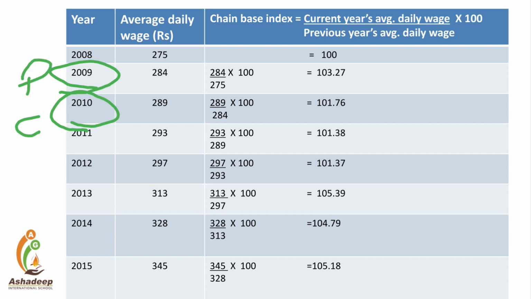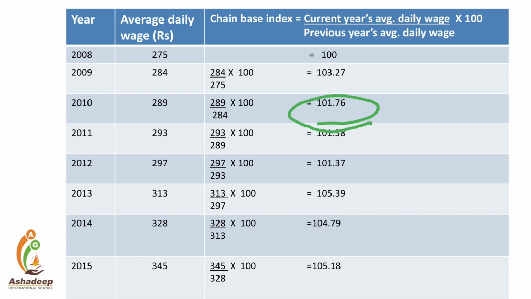So the current value of 2010, that is 289, we are going to put in numerator, and preceding value 284 we are going to put in denominator. In this way, by multiplying this value by 100, we can find the index number, that is 101.76.